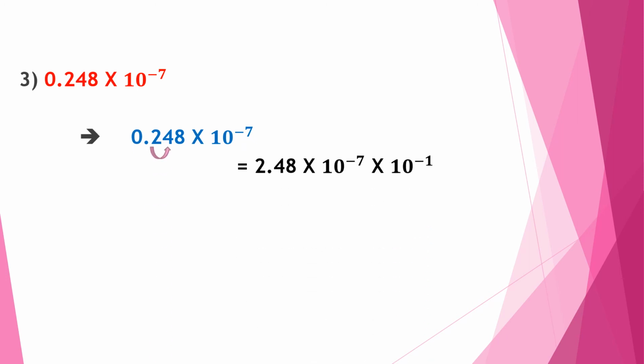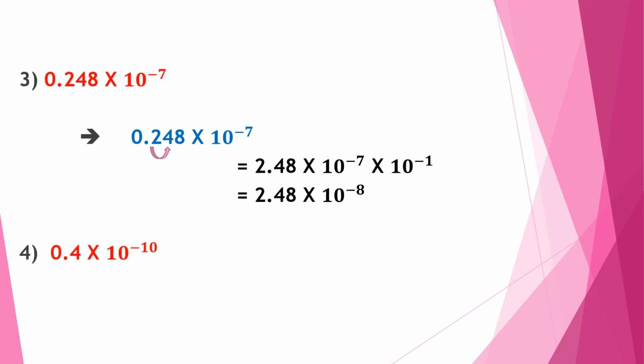So we divide by 10. Dividing by 10 means that we multiply by 10 power negative 1. So it will be 2.48 times 10 power negative 7 times 10 power negative 1, which is equal to 2.48 times 10 power negative 8.